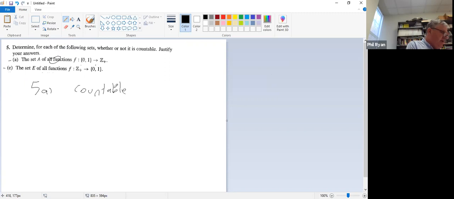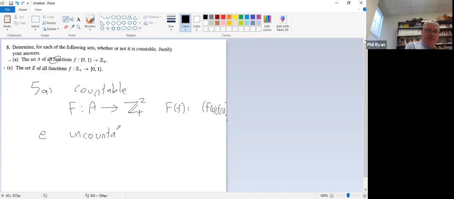Because we can get a function from A to Z plus cross Z plus by just defining it to be the double (f(0), f(1)). Okay, and the product of countable sets is countable. Whereas if we look at E, this is going to be uncountable because this is just the set X^omega that we talked about earlier.